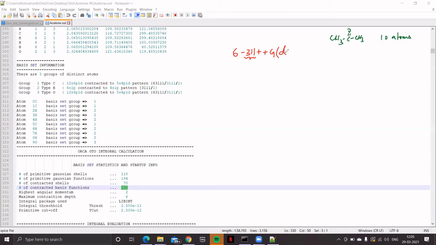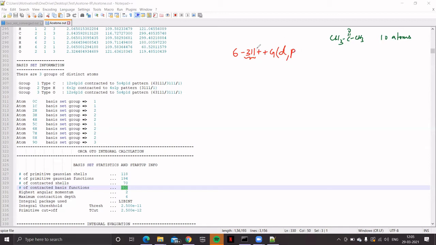But you are also providing d-type orbitals for carbon and oxygen. So remember, the more basis functions, the better and more accurate the calculation is. If you want more accuracy, you can also provide a p-type function for hydrogen.